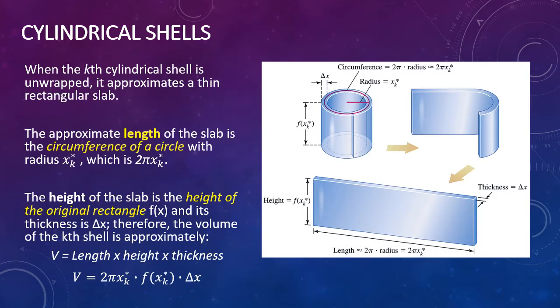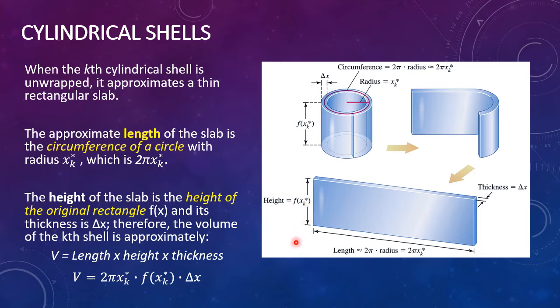When the kth cylindrical shell is unwrapped, here's the shell, it approximates a thin rectangular slab. The length of the slab is the circumference of the circle because it was wrapped around into a circle, and so its length is 2 pi x sub k, because the radius is x sub k.